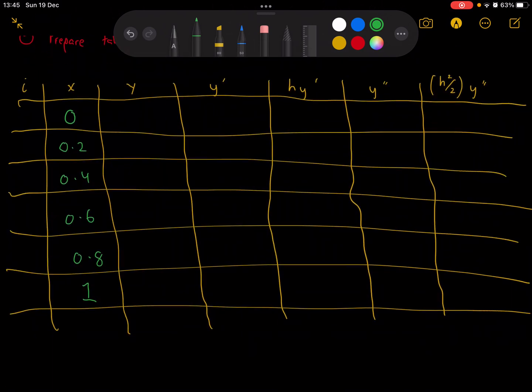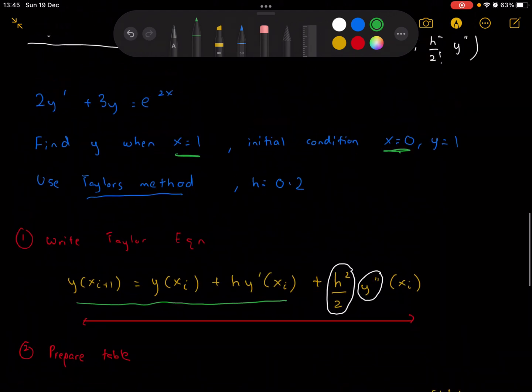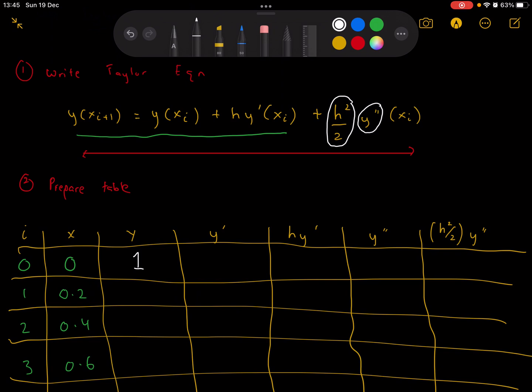Then I input all the iterations 0, 1, 2, 3, 4, 5, and the y value is given as 1 when x equals 0. So this is the information that we obtain, and then next we need to find the y prime here.